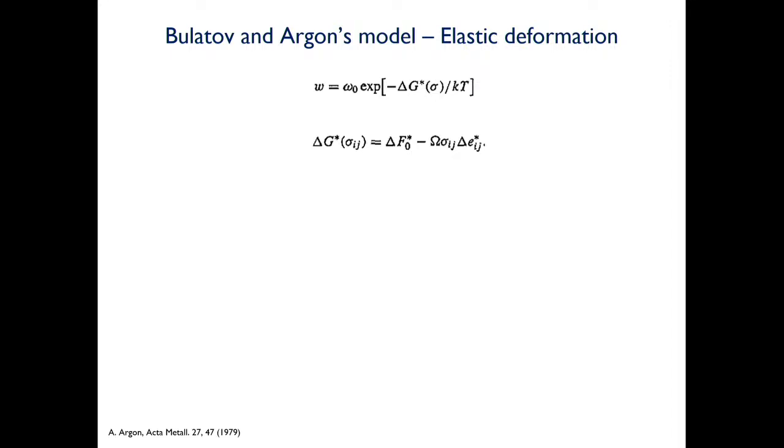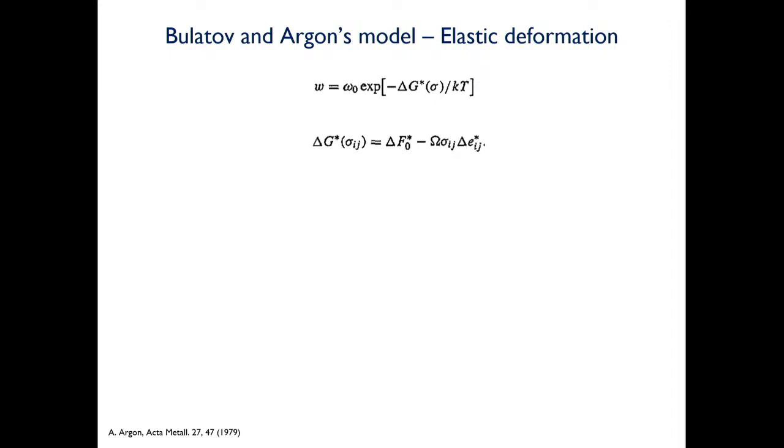They made certain modifications to this model. What they said was that if you have a local deformation, if a certain neighborhood is getting deformed, then the attempt rate for those local inelastic transformations is given by this, based on transition rate theory.